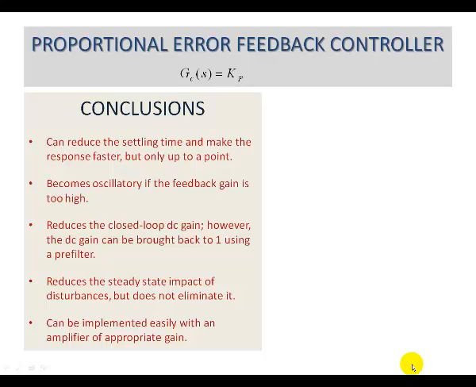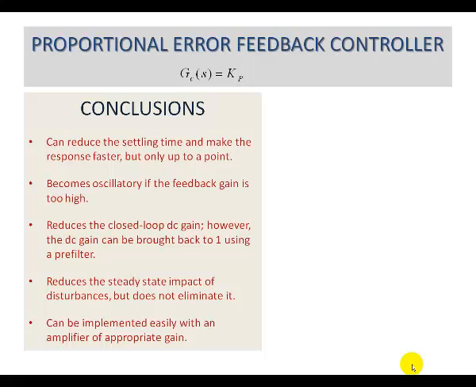In conclusion, we see that the proportional error feedback controller can reduce the settling time significantly and make the response faster, but only up to a point. After that, if you raise the gain higher, the response becomes oscillatory, and the settling time does not get any smaller.